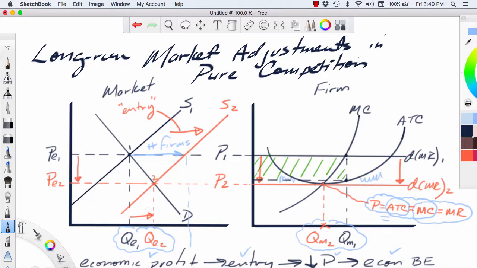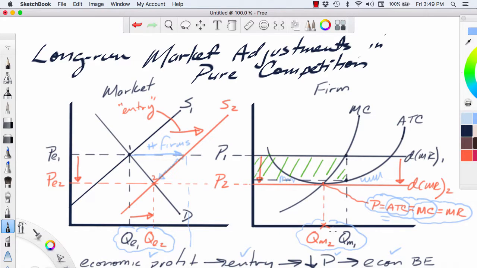But then the price begins to drop, and we assume all of the firms are going to cut back on their output rate. So you've got really two things happening here. You've got more firms in the market, more people growing corn, but as the price of corn falls, existing farmers aren't going to want to grow as much.